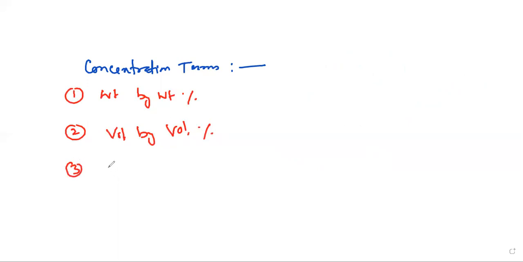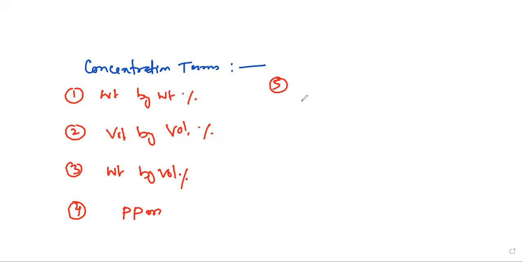And third, weight by volume percent. Have you heard of these, or seen them? Yes, ma'am, I know the first one. Okay, so directly you solve some questions. And fourth is ppm. No, ma'am, I don't know.